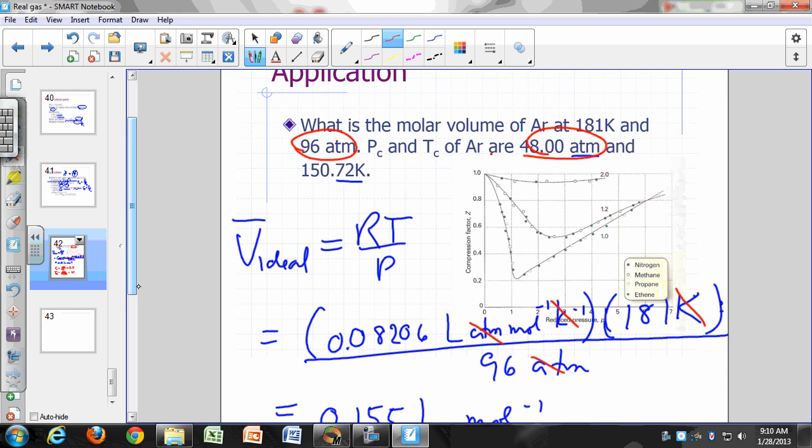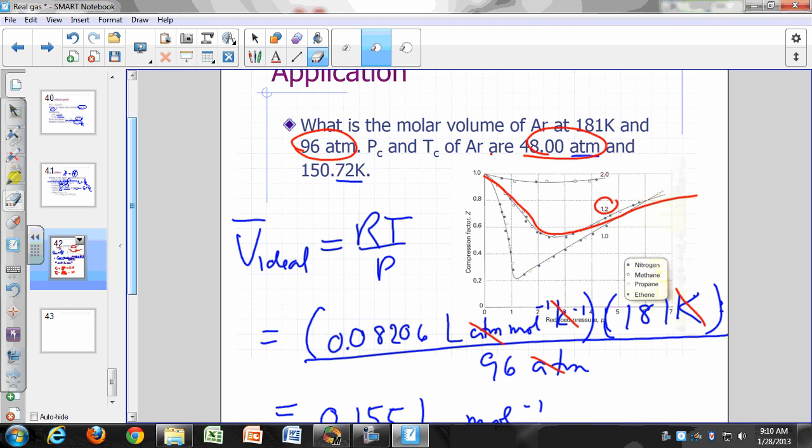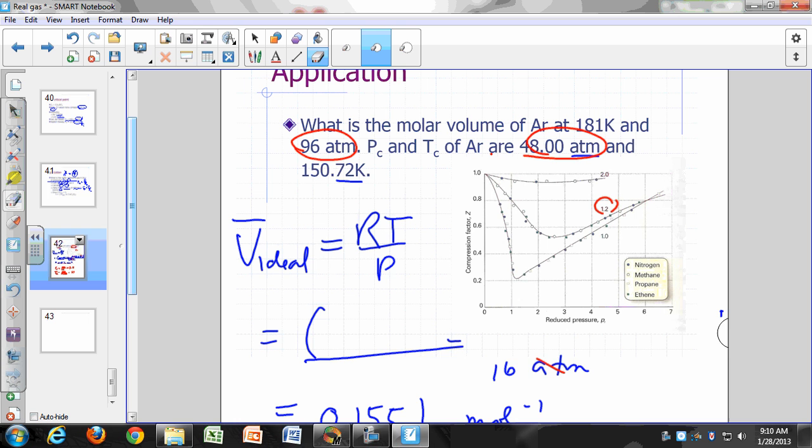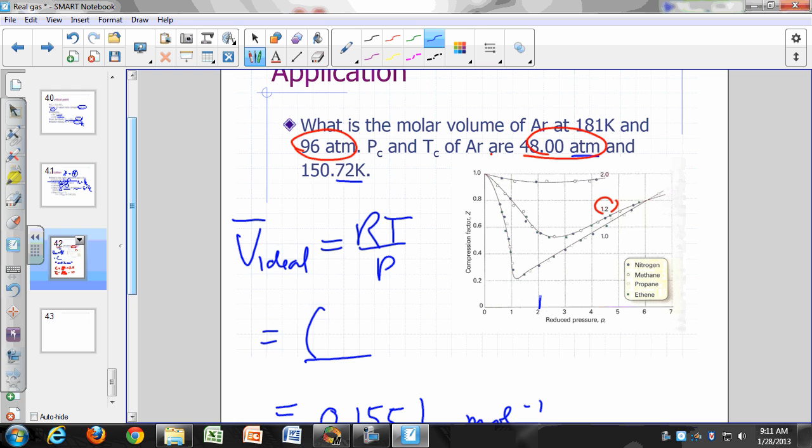So you look at your chart. You look for the isotherm with the reduced temperature of 1.2, and this is the 1.2 isotherm right here. Okay. So what do you do now? Locate on that chart our reduced pressure, which was 2, right? So reduced pressure of 2, and that's your reduced temperature.